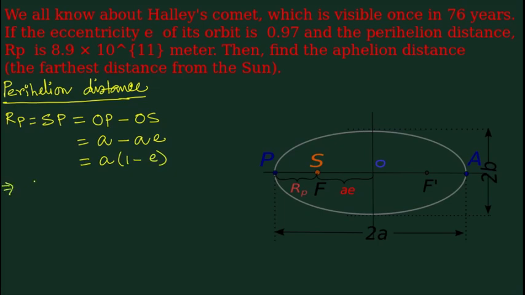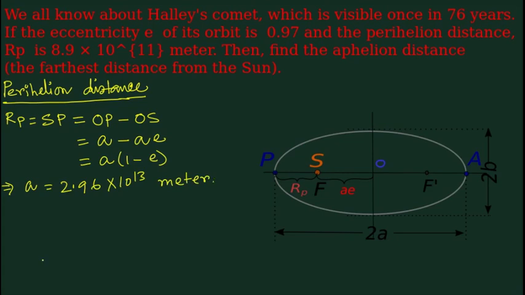Now if we put the value of RP, that is 8.9 times 10 to the power 11, and the value of E, that is 0.97, then we will have A equal to 2.96 times 10 to the power 13 meter.